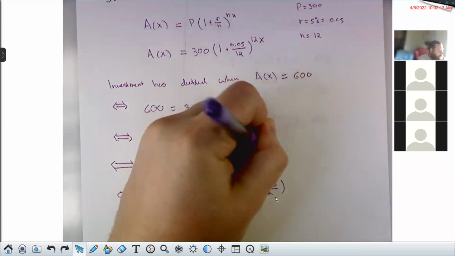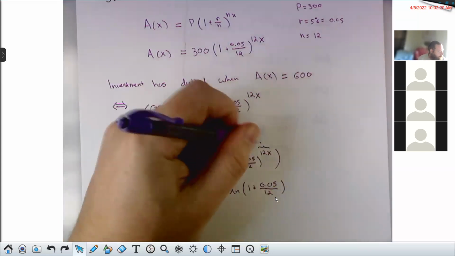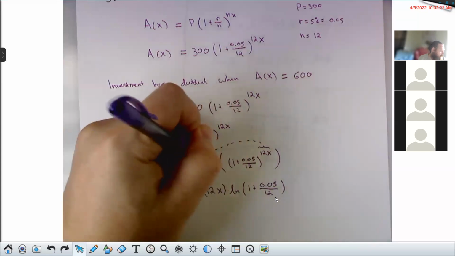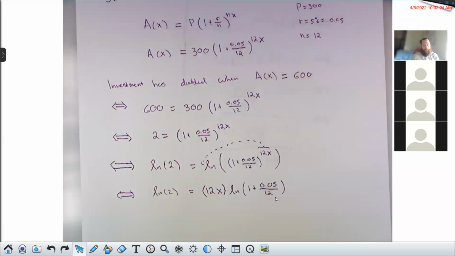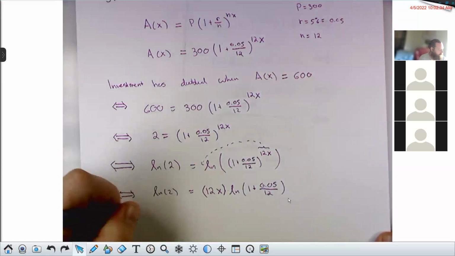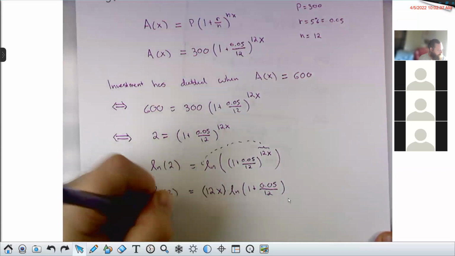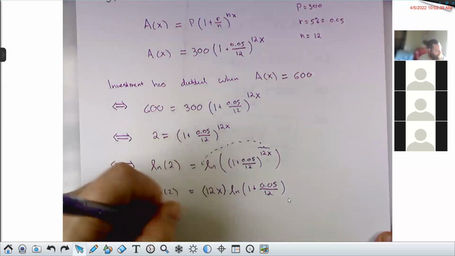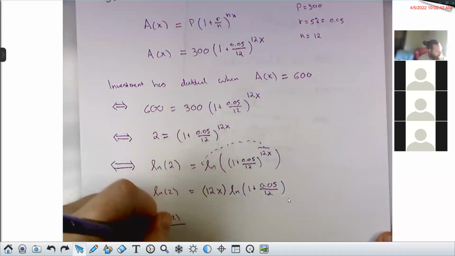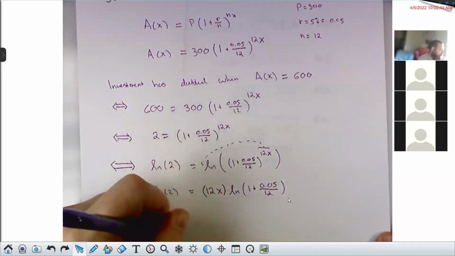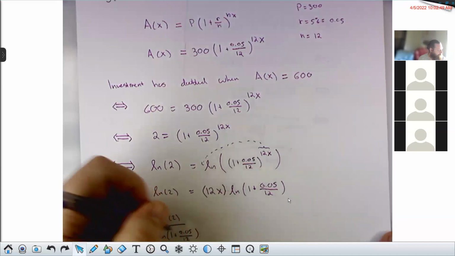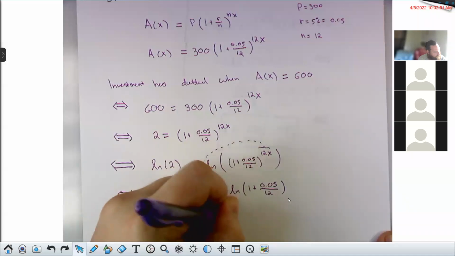It's the same property we used, just bring this power down. I can divide over by this number. And now I'll just have 12x.